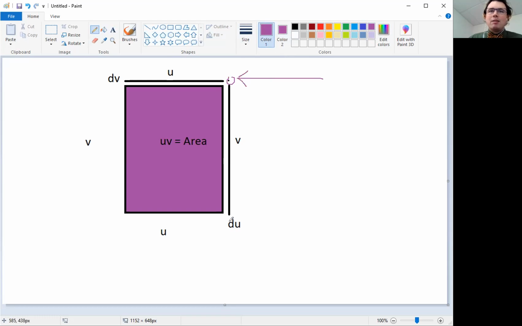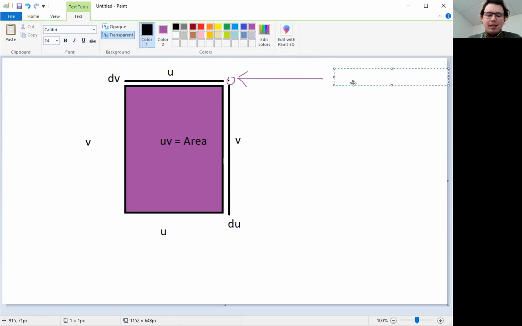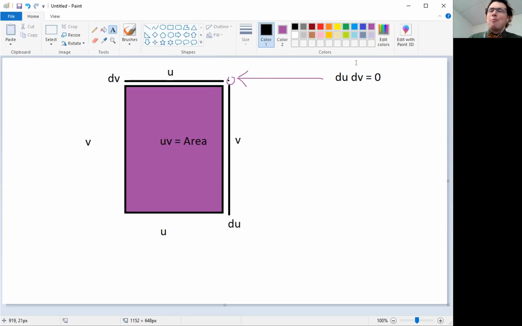Well, it can only be du wide, and it can only be dv tall. So this here must be du times dv. But I'm going to say that is so incredibly small, I'm going to treat it as 0.